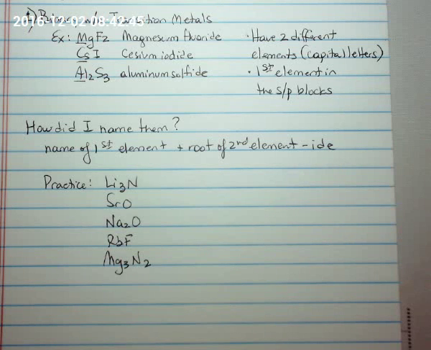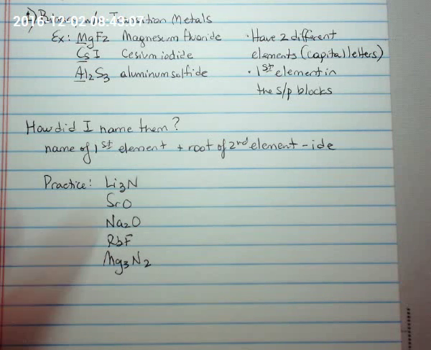What is that, Emily? Does it matter how many of each one there are? Nope. Why doesn't it matter how many of each one there are? Why don't we have to put that in the name? Because it doesn't change. It's always going to be those ratios, and those ratios are dictated by the charge. So you don't need someone to tell you in the name.